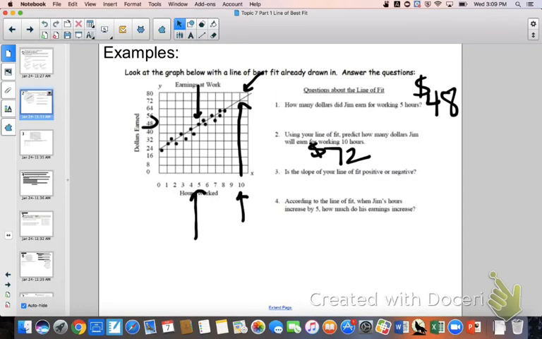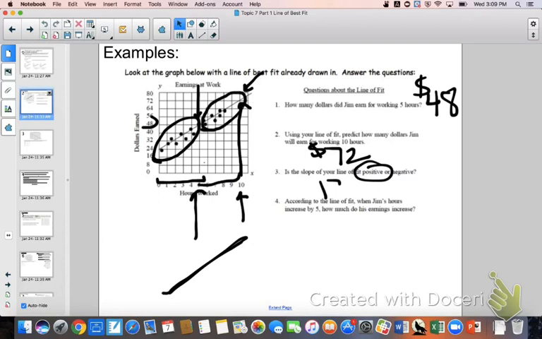Is the slope of your line of fit positive or negative? Well, we know a positive slope goes upward, so it is positive. And then according to the line of fit, when Jim's hours increase by 5, how much do his earnings increase? From 0 to 5, it went from 24 to 48, and then from 5 to 10, it went from 48 to 72.